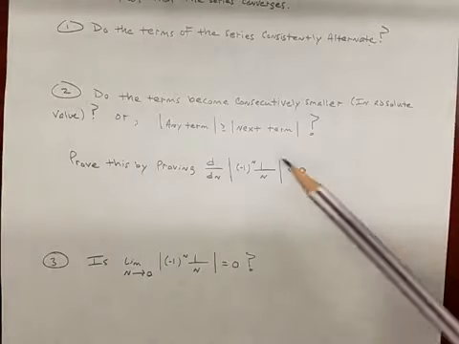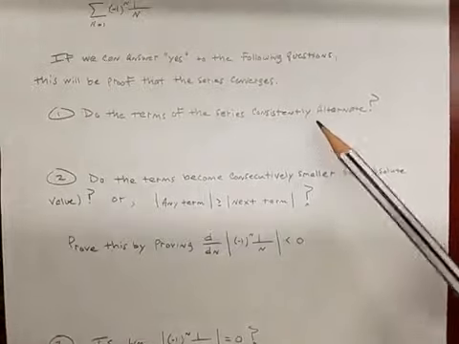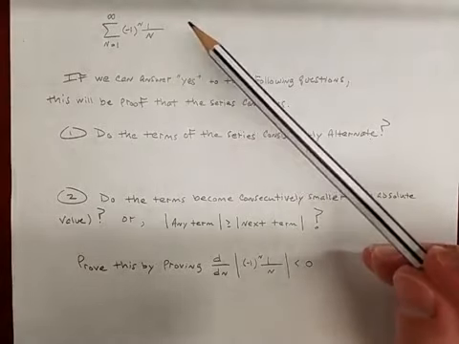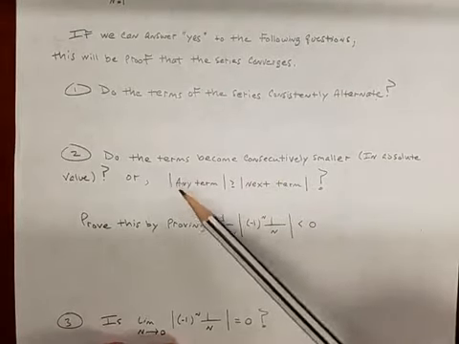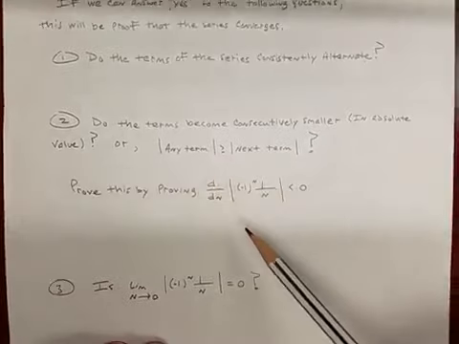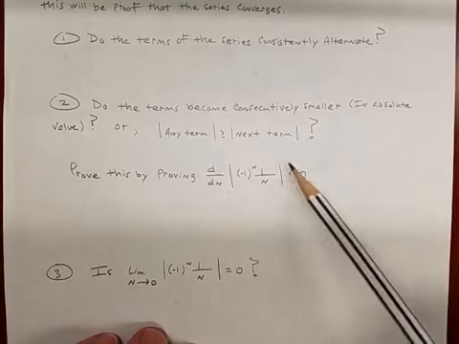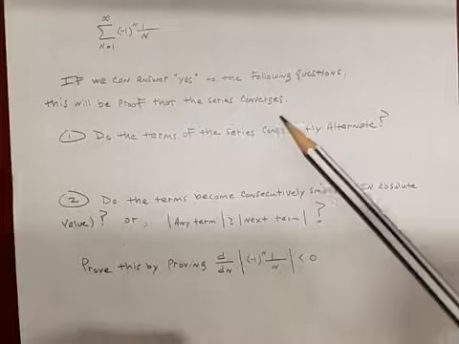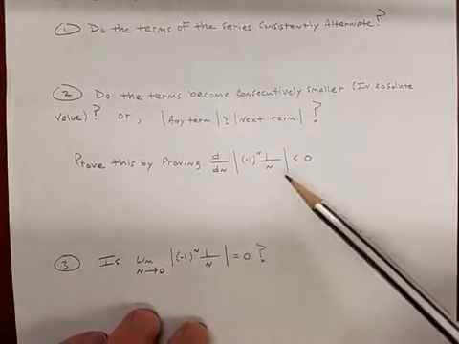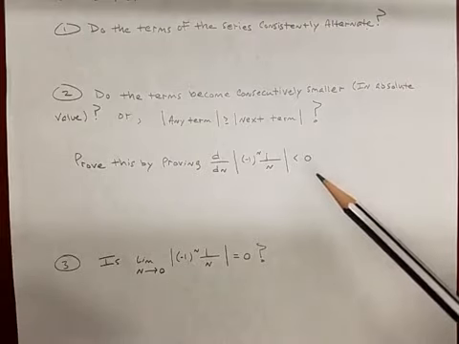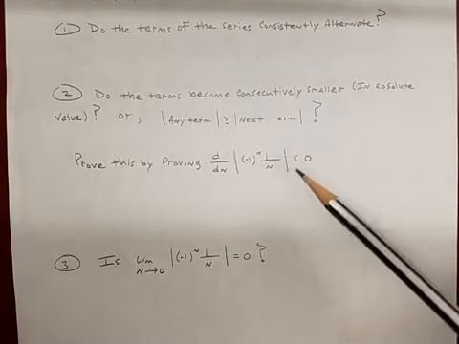Okay, so with an alternating series, the terms are sometimes plus, sometimes minus, but it's just the absolute value of the terms. Is that getting smaller? If you take the derivative of the absolute value of this formula that gives you the terms, and it's negative, then that proves it. So you work that out somehow.